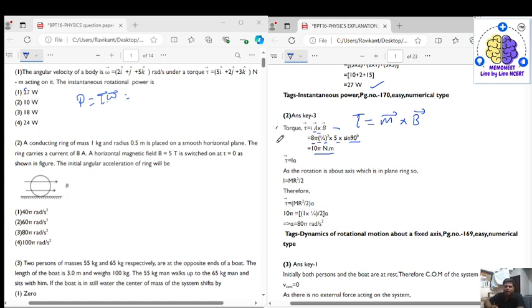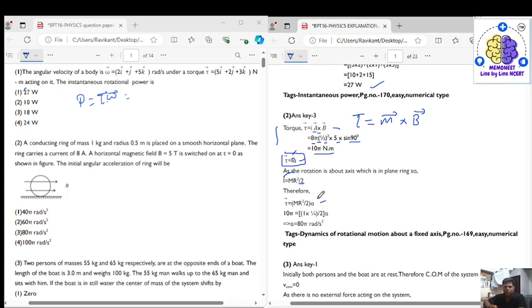This was according to magnetism. But according to rotational motion, tau is equal to I into alpha, where I is the moment of inertia of the ring and alpha is the angular acceleration. For a ring, the moment of inertia about its axis is m r square by 2. Putting this in place of I, we get tau is equal to m r square by 2 into alpha.